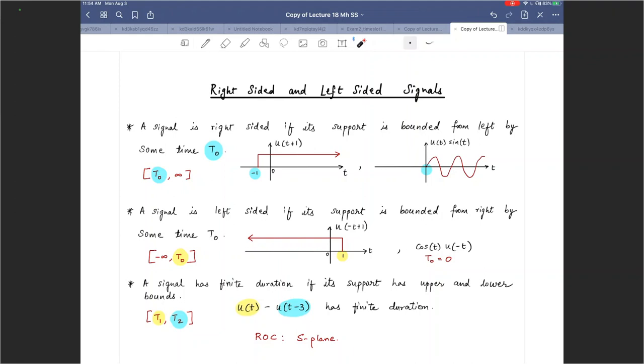Can you guys tell me why that is the case? If the signal is of finite duration, why is the region of convergence all of S-plane? Why is that?